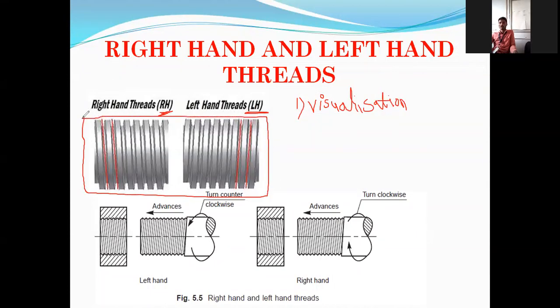On each thread there are two red colored lines. Are you observing? We have to observe the orientation of the thread.